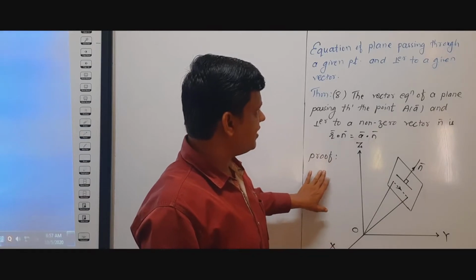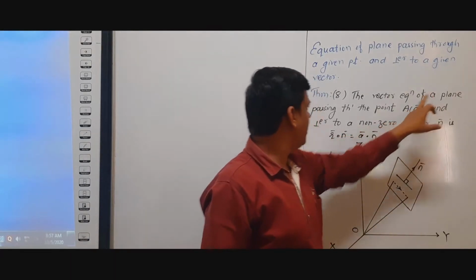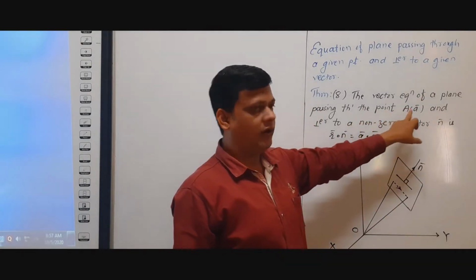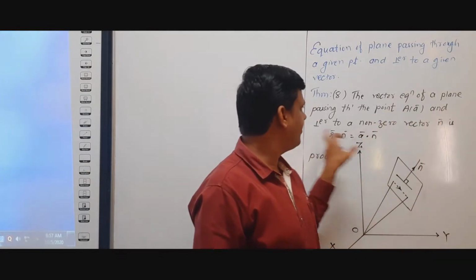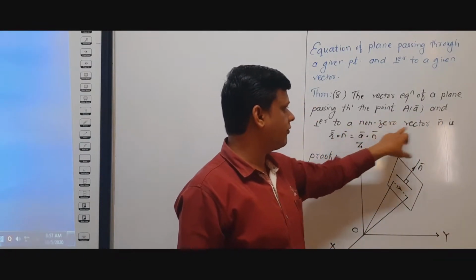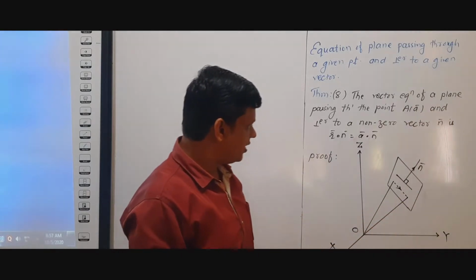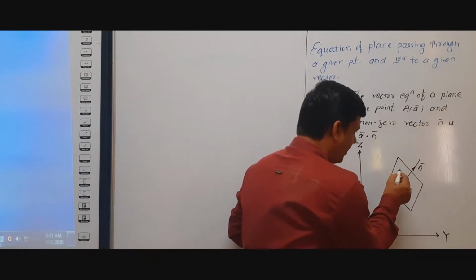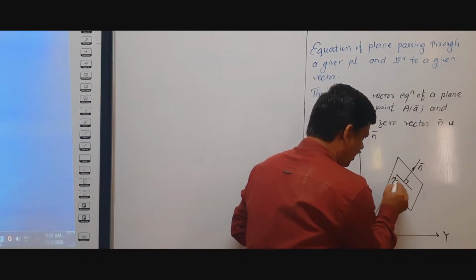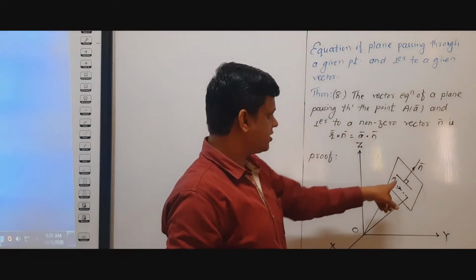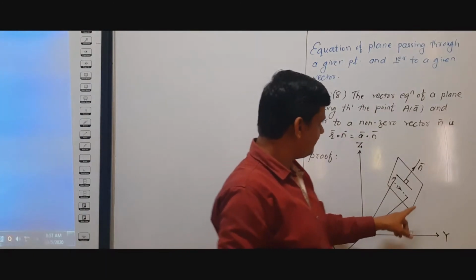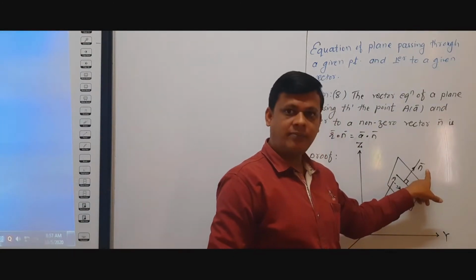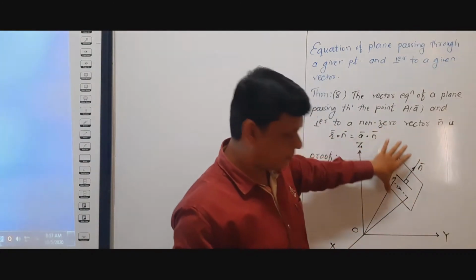So first we consider a plane passing through the point A of a bar and perpendicular to a non-zero vector n bar. So we consider here this plane which passes through the point A of a bar with position vector a bar, and this vector n bar is perpendicular to this plane.